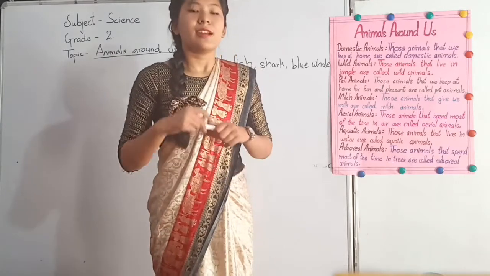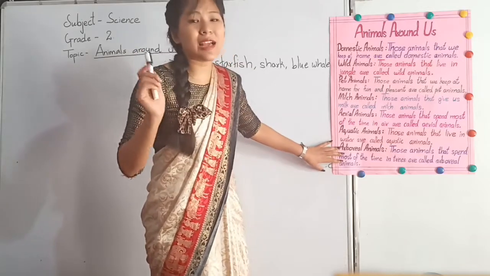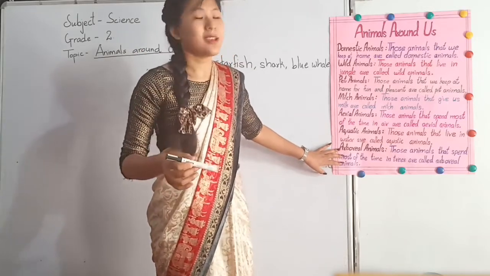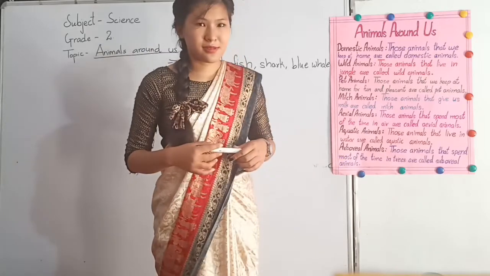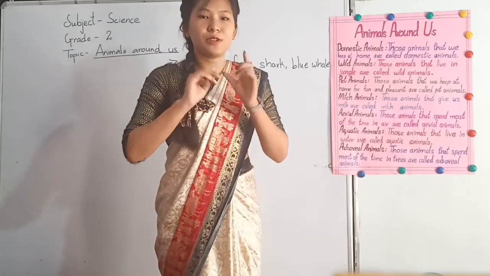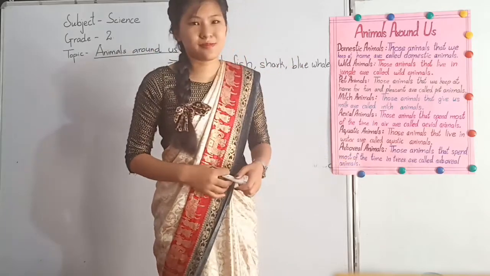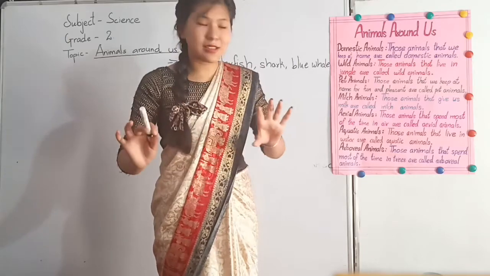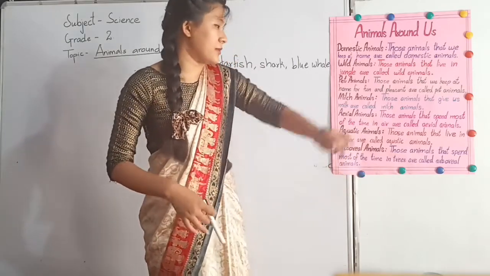Very good. Now our next topic and the last topic of this episode is arboreal animals. I think you all are confused about what arboreal animals are. Don't worry children, now we are going to read about what an arboreal animal is.